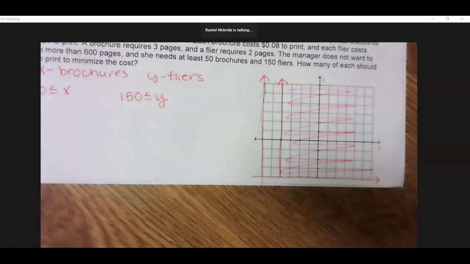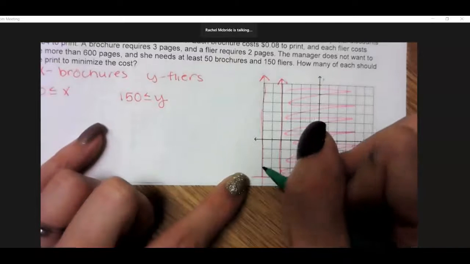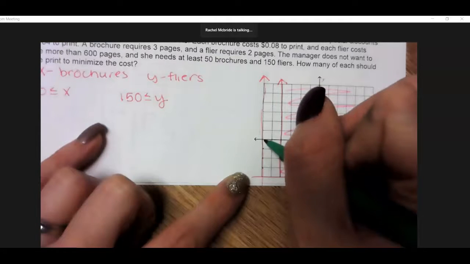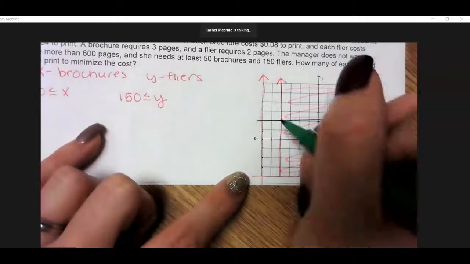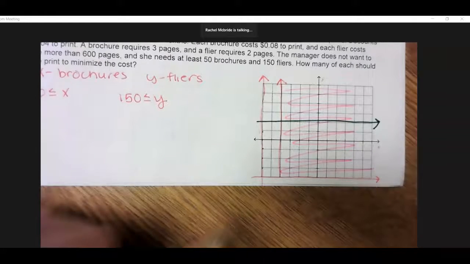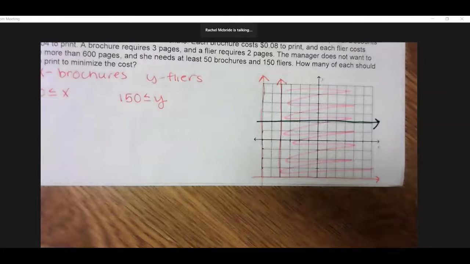And then draw in my 150, and shade above.